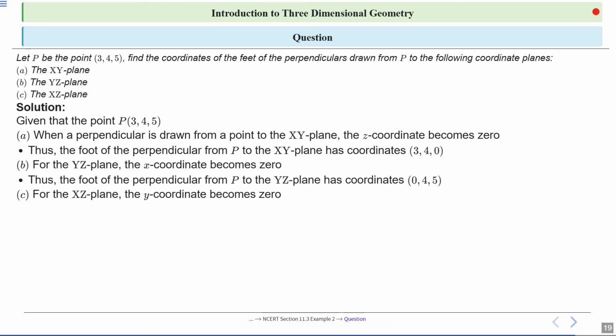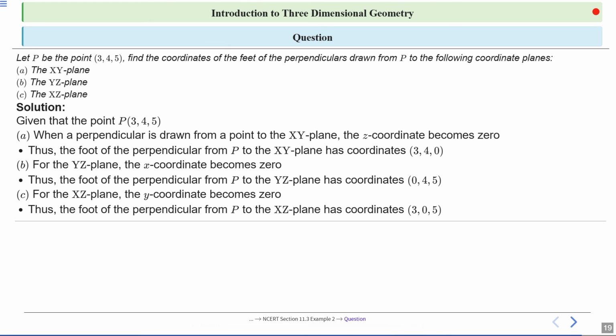The xz plane contains all points where y is 0. Therefore, the foot of the perpendicular from point P to the xz plane will have the same x and z values as P, but the y value will be 0. So the coordinates are 3, 0, 5.